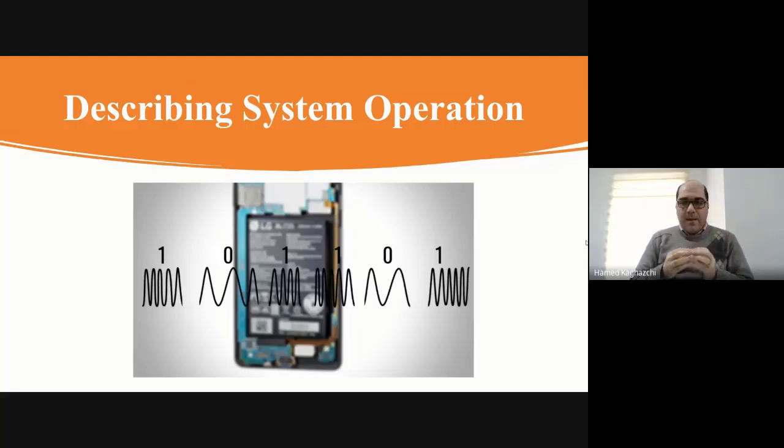For example, when we have one, it means that our frequency is high, and when we have zero, it means that our frequency is low. In this case, at the destination of this communication network, the receiving data can be detected: which section of the signal contains one and which section contains zero.